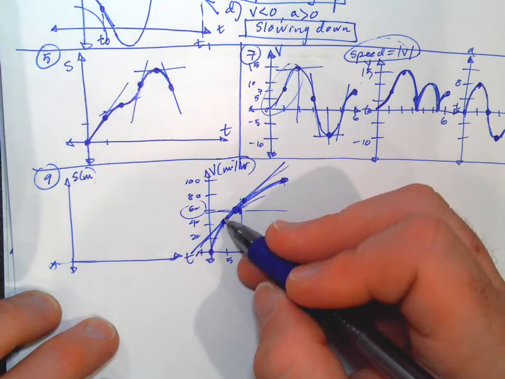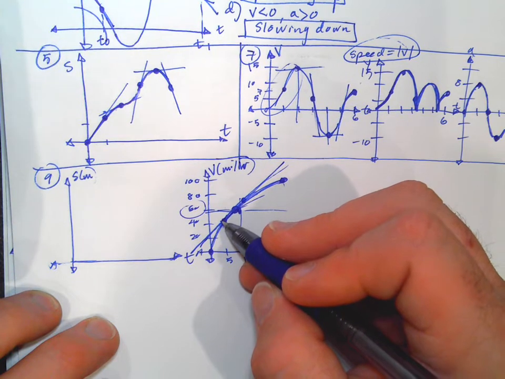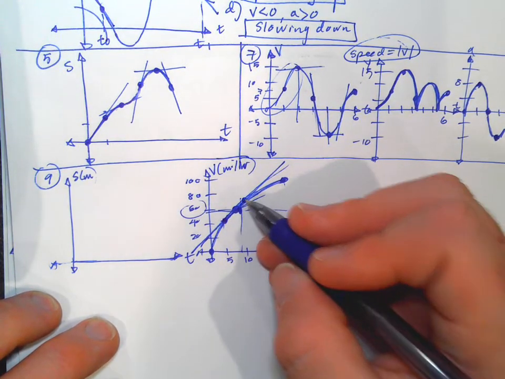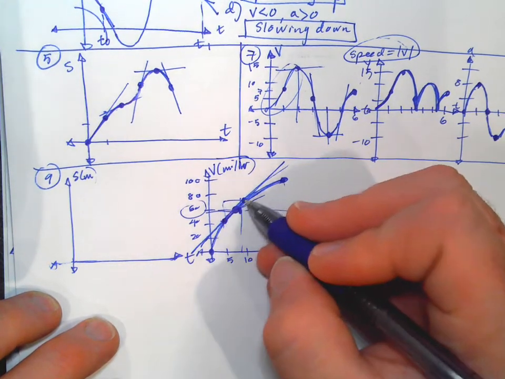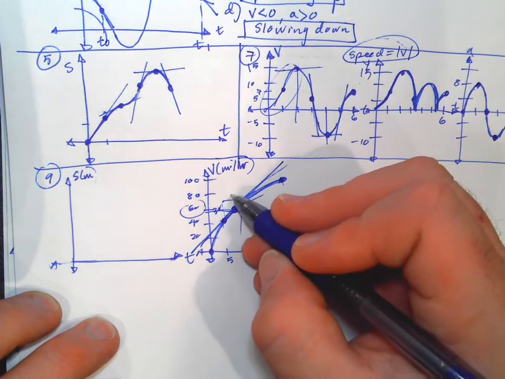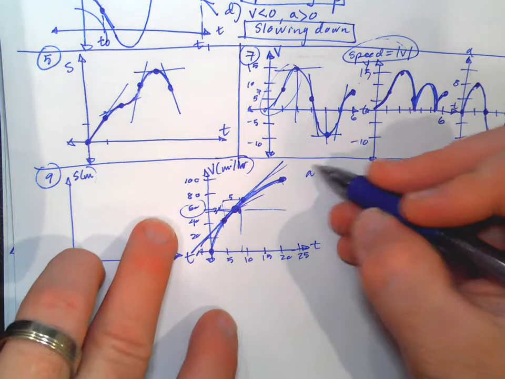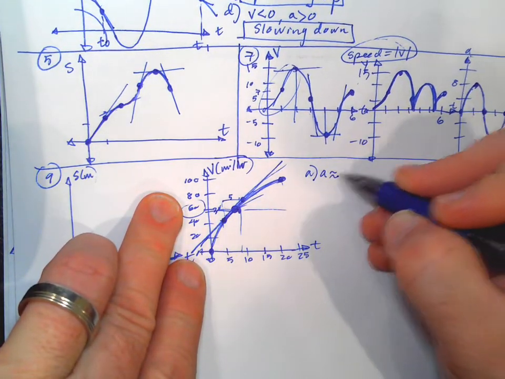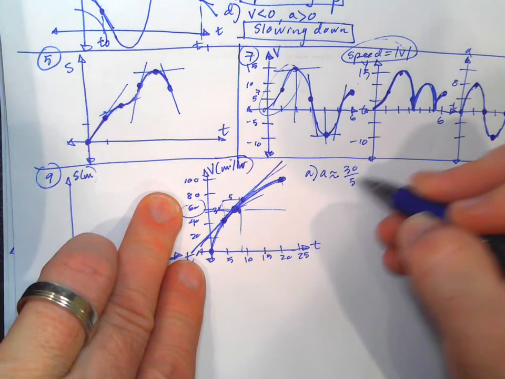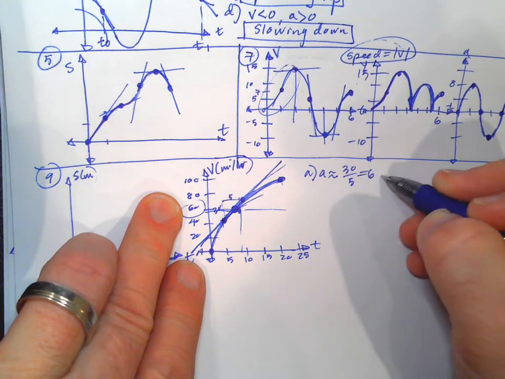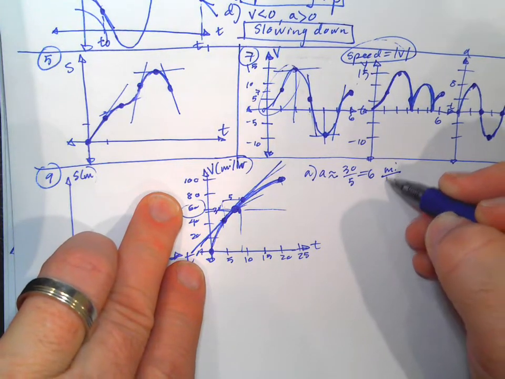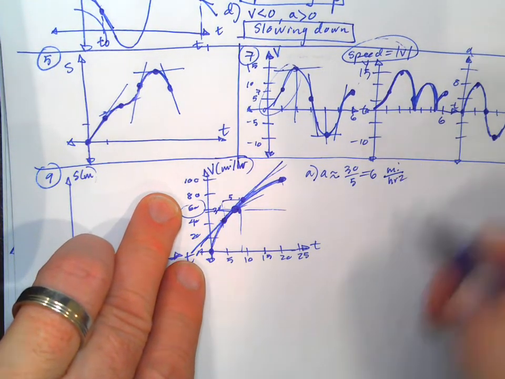The rise is like from 45 to 75 or something like that. So that's up 30 over 5. So for part A, the acceleration is approximately up 30 over 5. So 6 miles per hour squared.